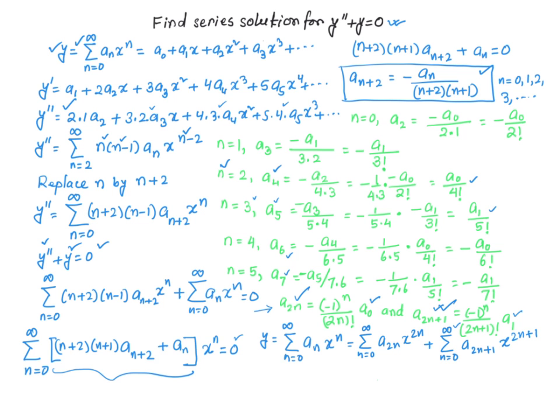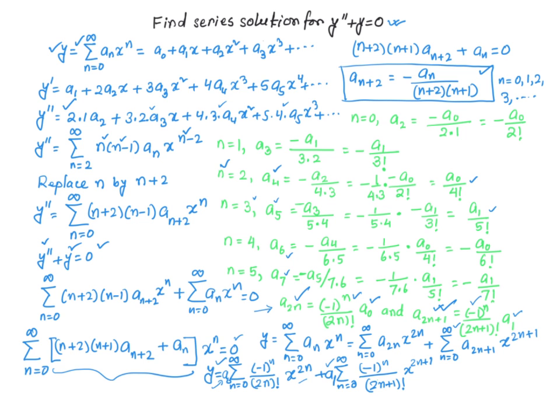If I do that, I get the following. So y is equal to, look at this, a sub 0 in front, summation n is equal to 0 to infinity, this term, times x to the power 2n, plus a sub 1, again summation n is equal to 0 to infinity, this term.